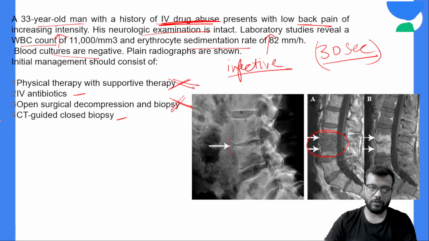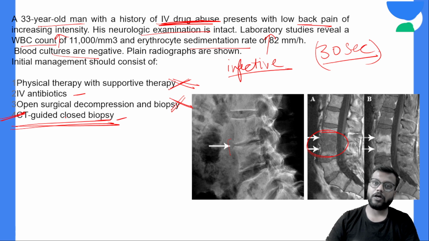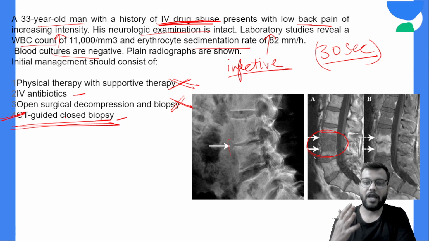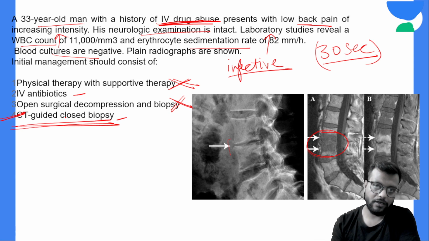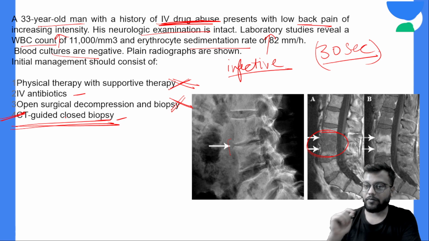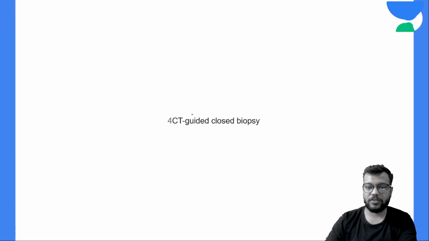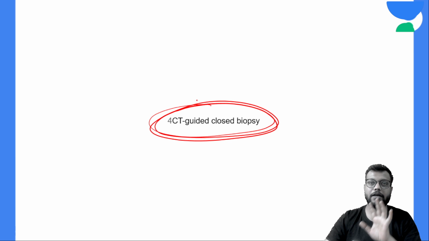So first we will go for the CT guided biopsy to differentiate whether it is a tubercular type or any chronic infective pathology or an acute infective pathology, because there is not much acute infection right now, because WBC counts are also not that raised and there is no fever etc. So the next step in management of choice will be your CT guided biopsy. Remember this, it will be a CT guided biopsy.